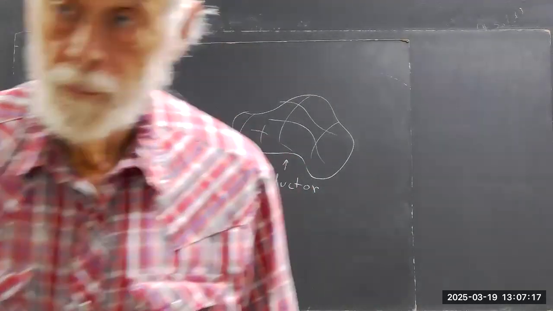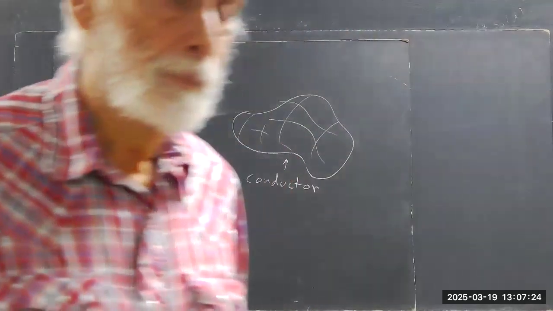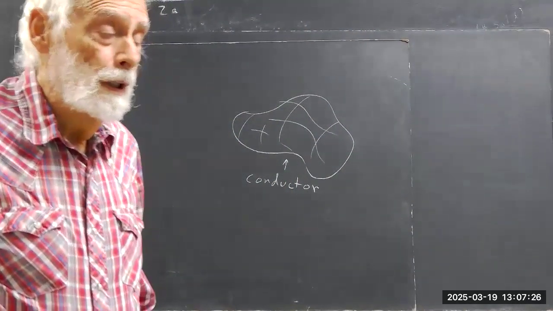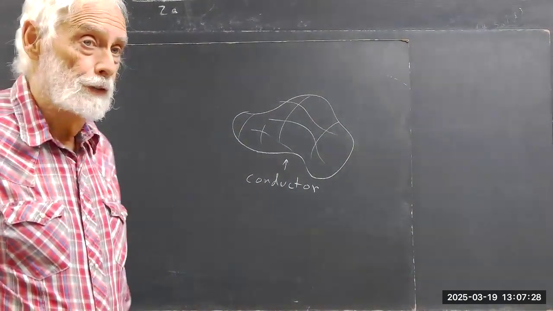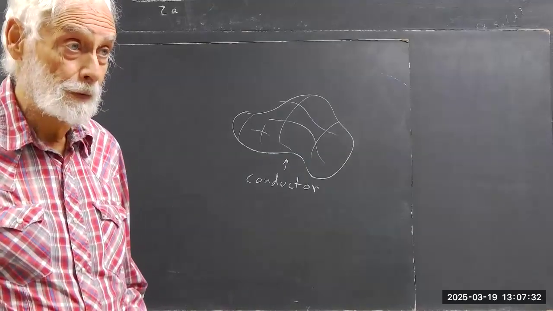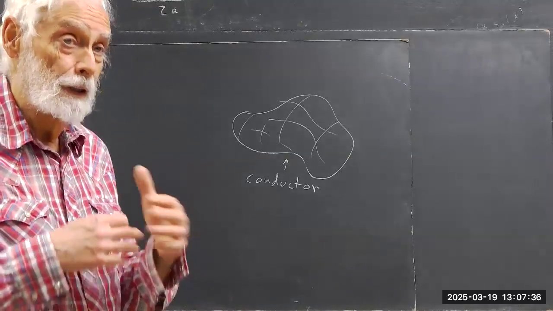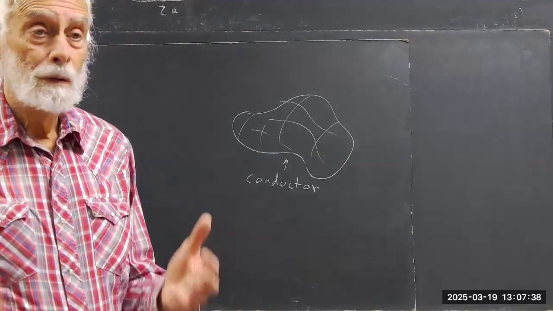The electric field inside a conductor has to be zero. I've mentioned this before. It has to be zero because if it wasn't zero, then the charge carriers inside the conductor would redistribute themselves, and they redistribute themselves so that inside you have no electric field.